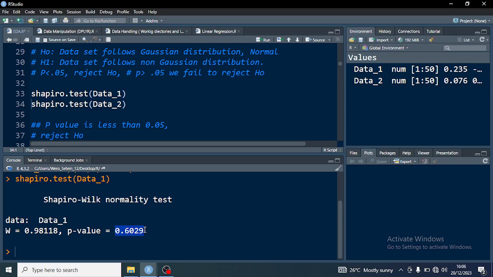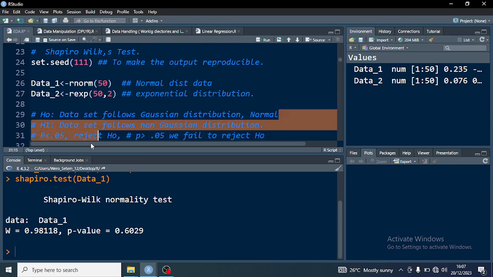So that means we fail to reject the null hypothesis. We fail to reject H naught, so we fail to reject this hypothesis.